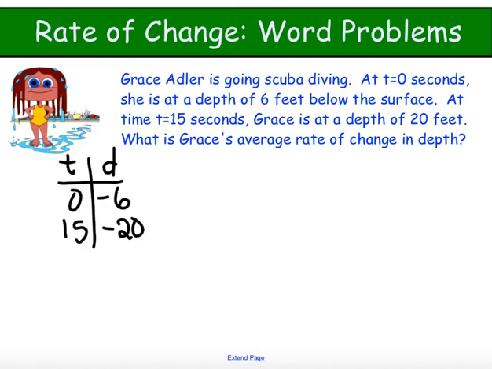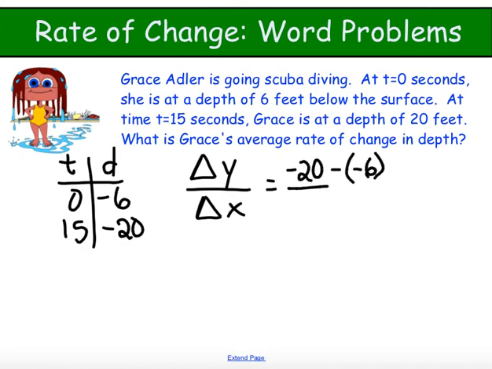What is Grace's average rate of change in depth? Well, I need to do the change in y over the change in x. So I'm going to do negative 20 minus, so the difference between those two, minus a negative 6 over 15 minus 0. So on the top, minusing a negative is adding, so we get a negative 14 over 15.